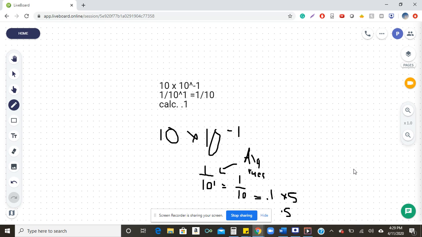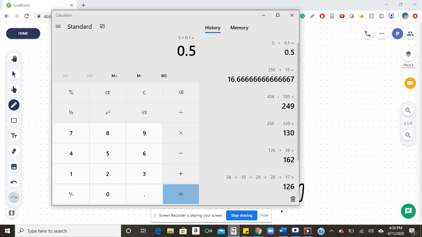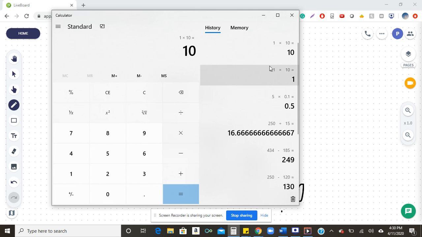And 1 over 10, whether you do mental math or use a calculator, you can evaluate this to get 0.1. 0.1 times 10, we put that into our calculator, should equal 1.